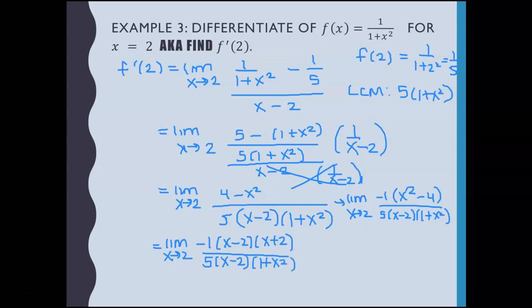We can cancel our x minus 2's, plug in our 2, and you get negative 1, 2 plus 2, over 5, 1 plus 2 squared.